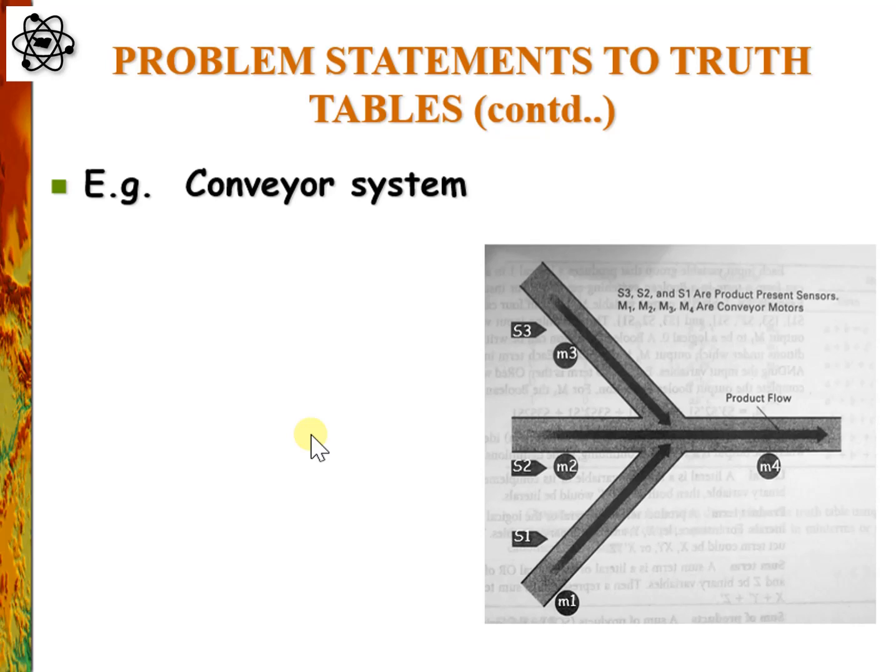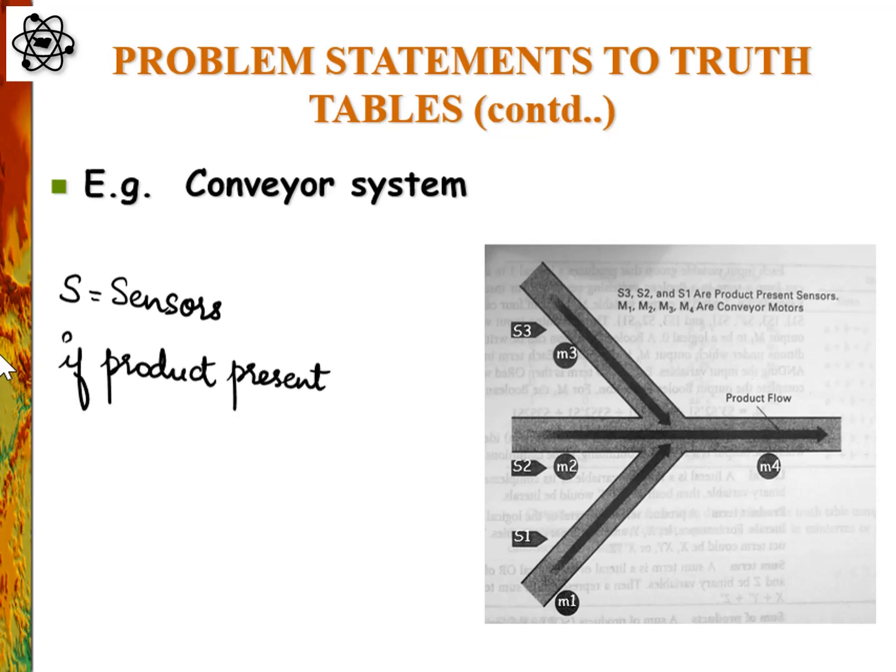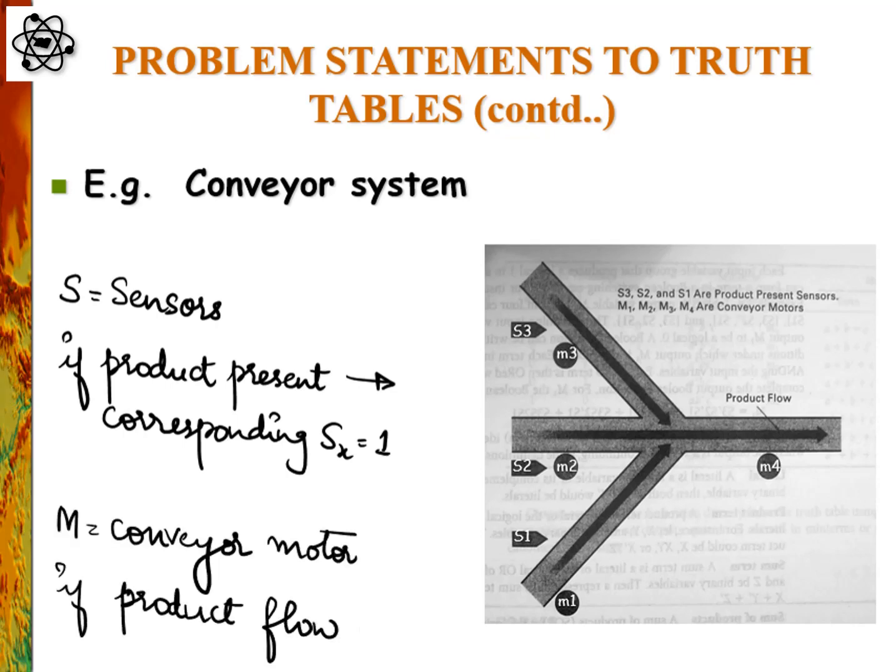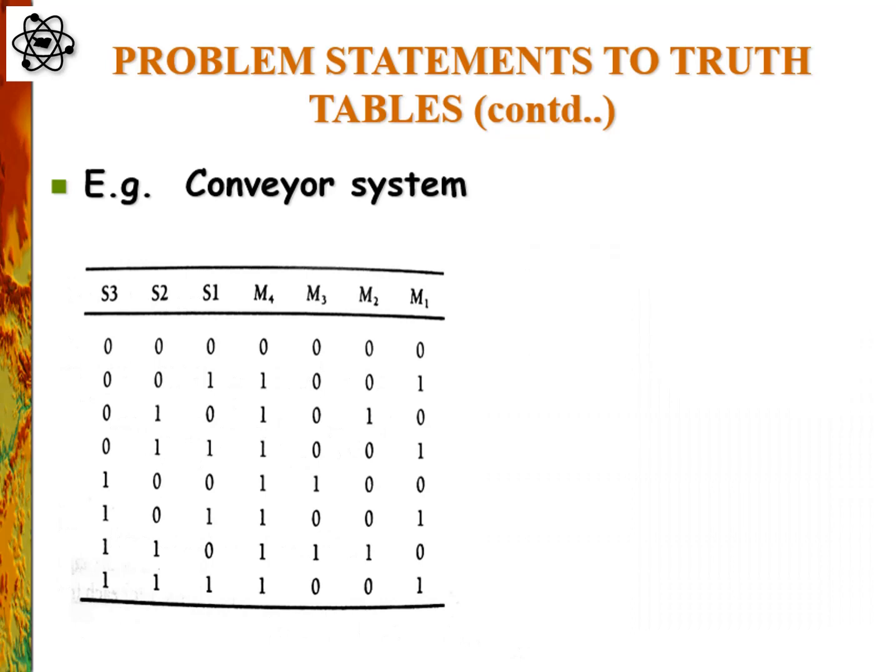The output product flow is fixed. So here we denote S to be the sensors, and if the product is present, it will be equal to binary 1. And M corresponds to the conveyor motor, and if it is present, the product flow will be equal to 1.